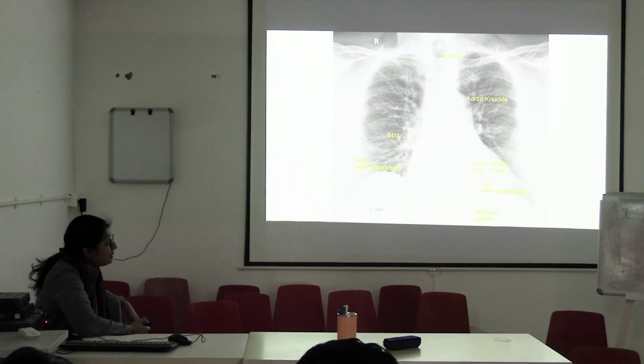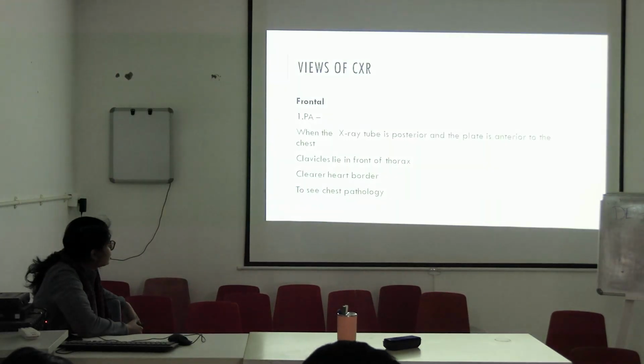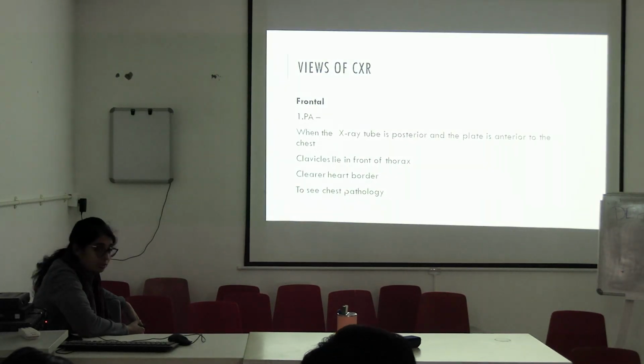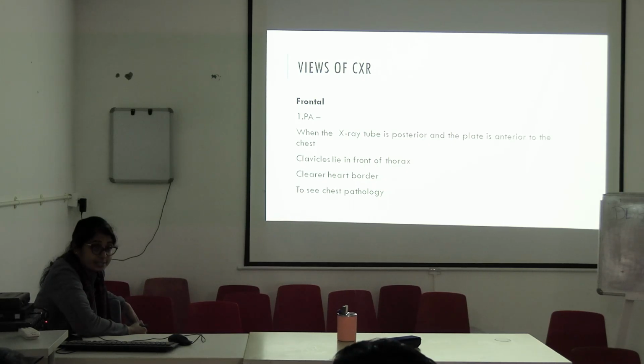Then behind that the lungs are lying. Okay. So clavicles are lying in front of the thorax. The heart border is clearer and PA view is ideal to see chest pathology or lung pathology. So lungs will be seen more clearly when we are doing a PA view X-ray.